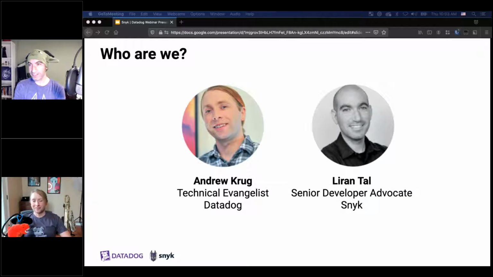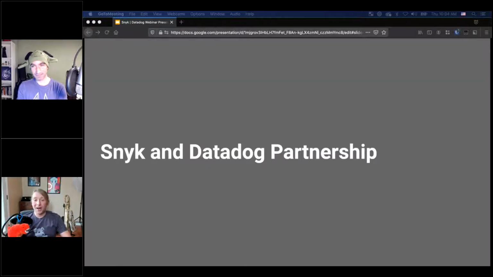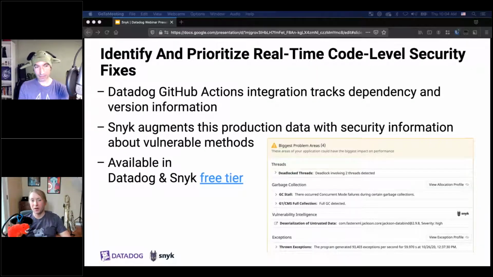We're going to kick things off with why we decided to partner Snyk and Datadog's technology to solve this specific problem. What's really unique about our partnership, right, Liran, is that we couldn't really do this kind of vulnerability assessment without each other's respective technology.